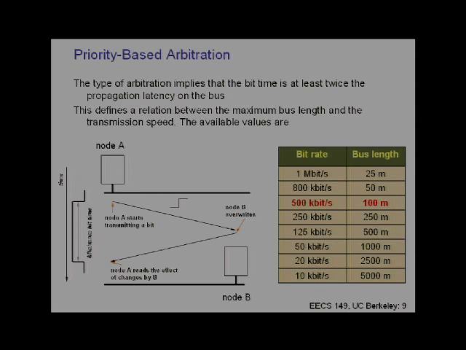For a single bit, you need to wait for twice the end-to-end propagation delay on the bus, and this is multiplied by the number of priority bits you have. So you have a minimum delay already for sending a message on the bus. The longer the bus, the lower your bit rate, because of this delay.